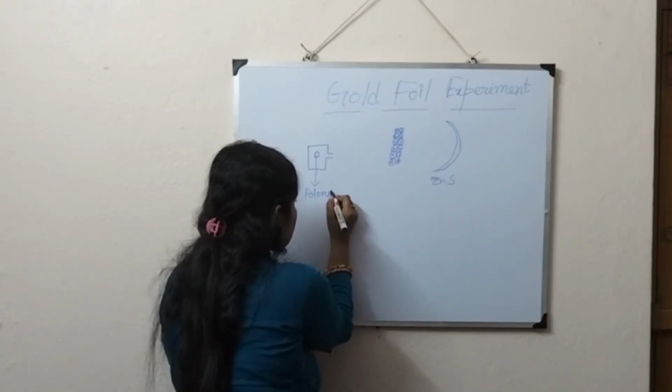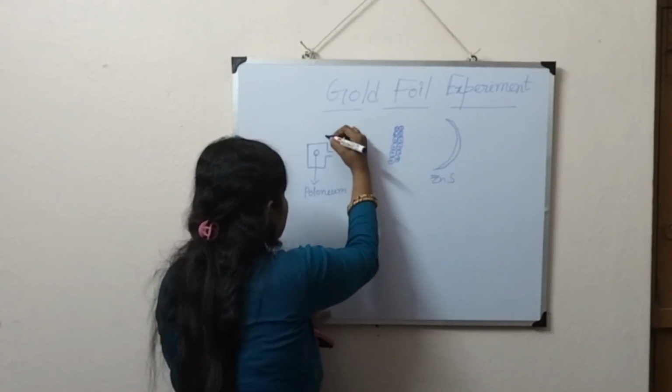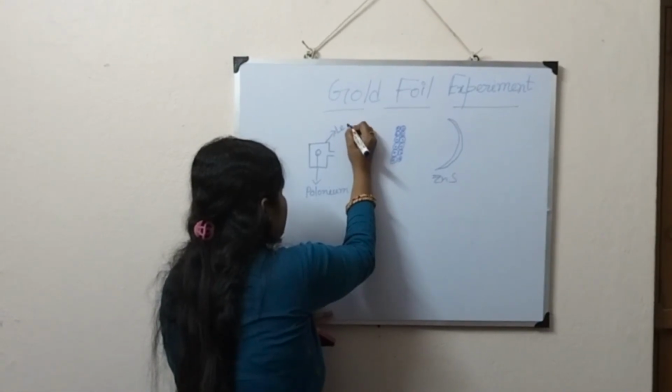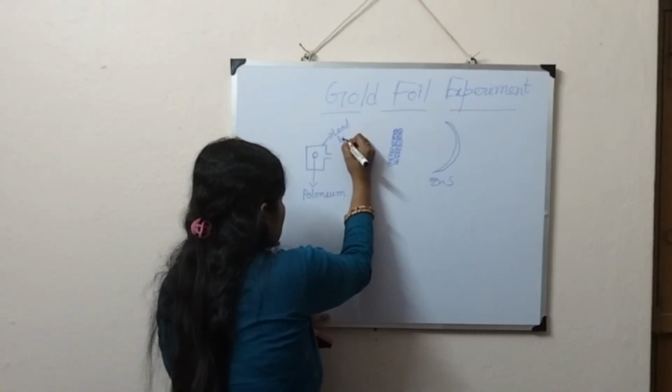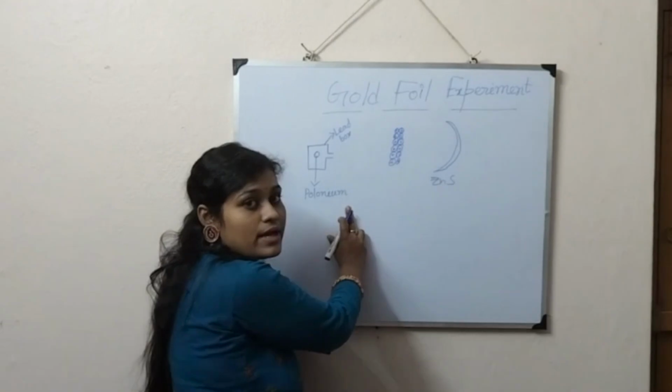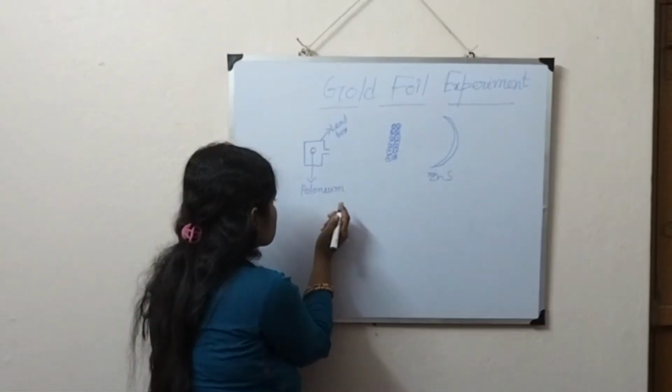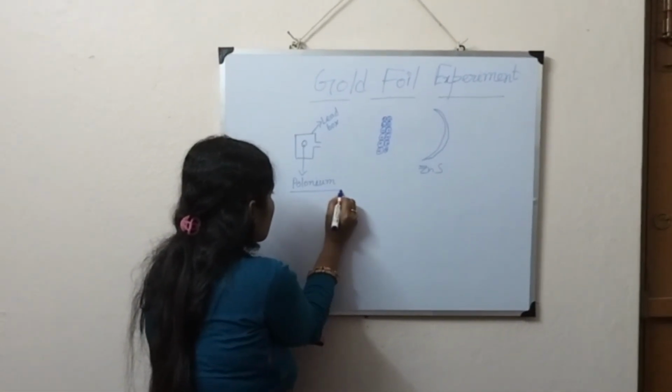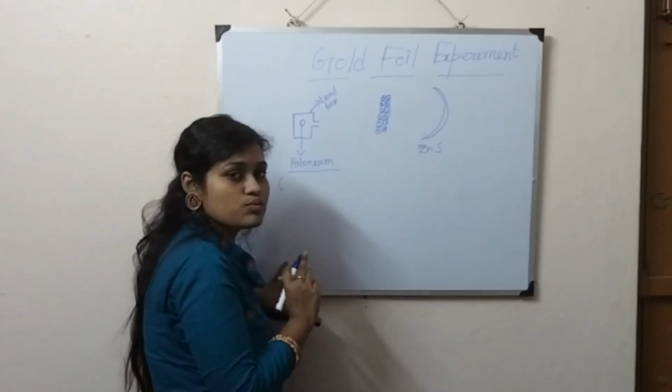He used polonium in a lead box. So for the radioactive source, it is a source of polonium. Why did he use polonium?